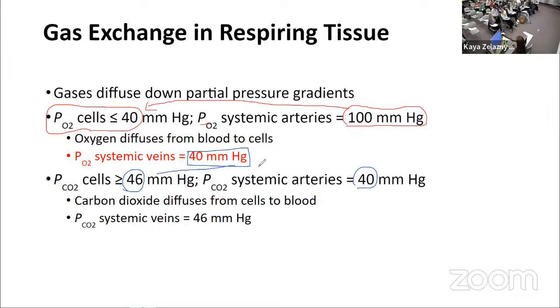So carbon dioxide is moving from the cells into the blood. Okay, so it's diffusing from the cells into the blood because of that gradient. And the veins are essentially coming to equilibrium with those cells. So the systemic veins have a partial pressure of 46. Okay. So this is all just about reaching equilibrium at two places, the level of the alveoli and the capillaries in the lungs, and then at the level of the capillaries in the tissue. Okay.